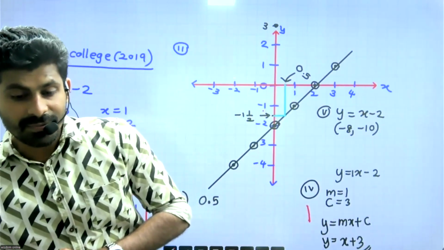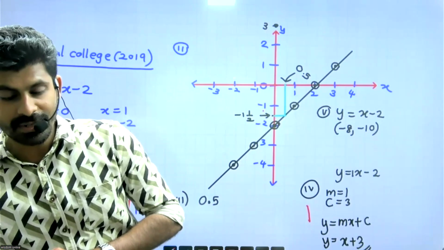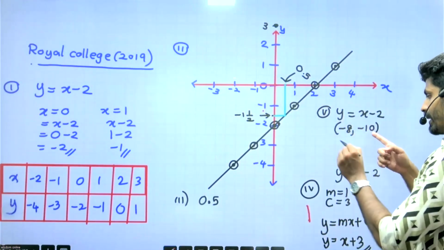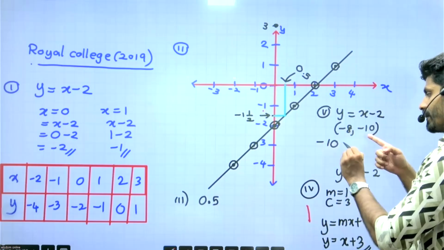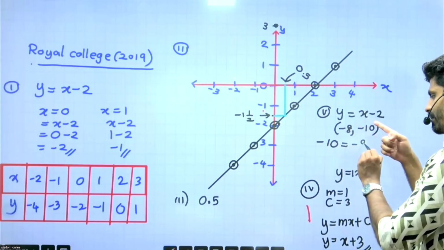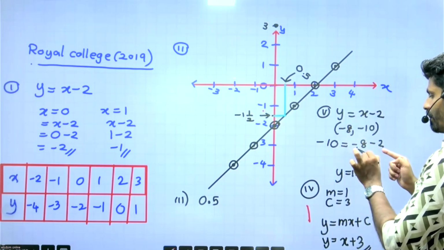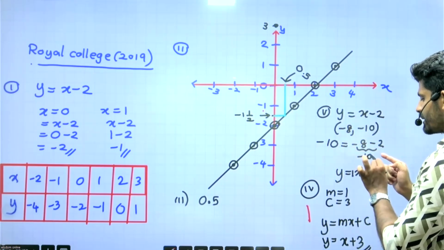The point must satisfy the equation. Y is minus 10 and x is minus 8. Minus 8 minus 2, what is the answer? Minus 10.